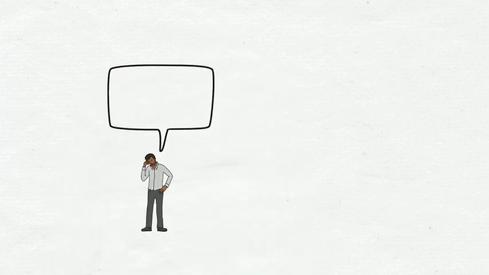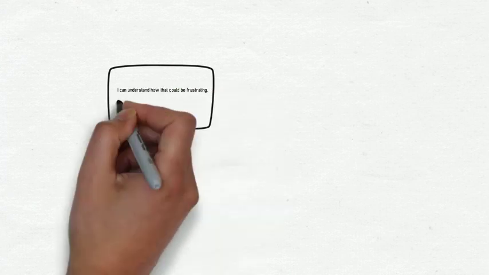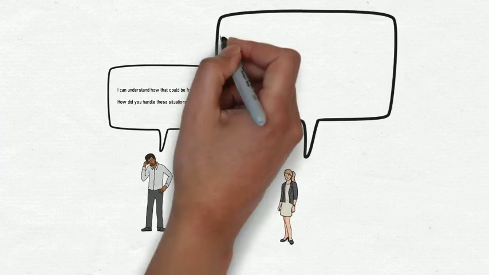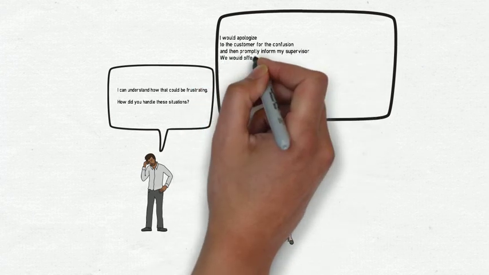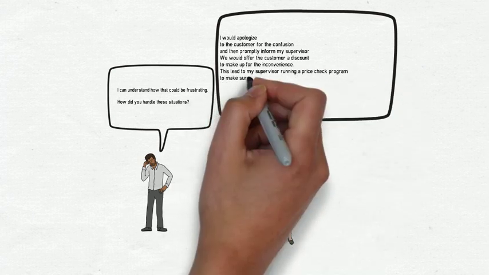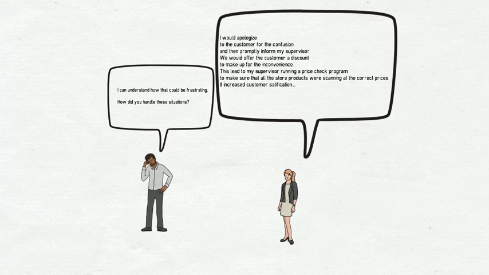Let's read a little more. I can understand how that could be frustrating. How did you handle these situations? I would apologize to the customer for the confusion and then promptly inform my supervisor. We would also get the customer a $10 discount on the product to make up for the inconvenience.